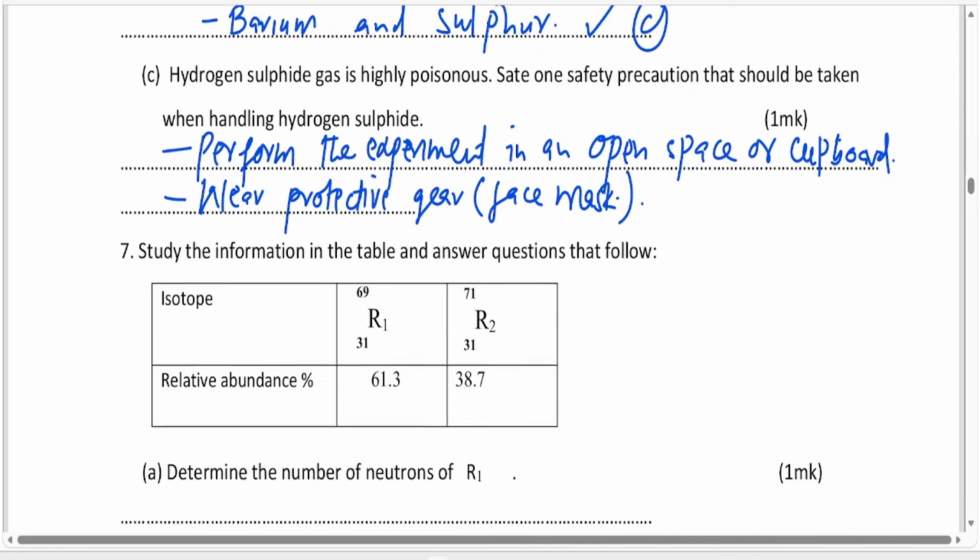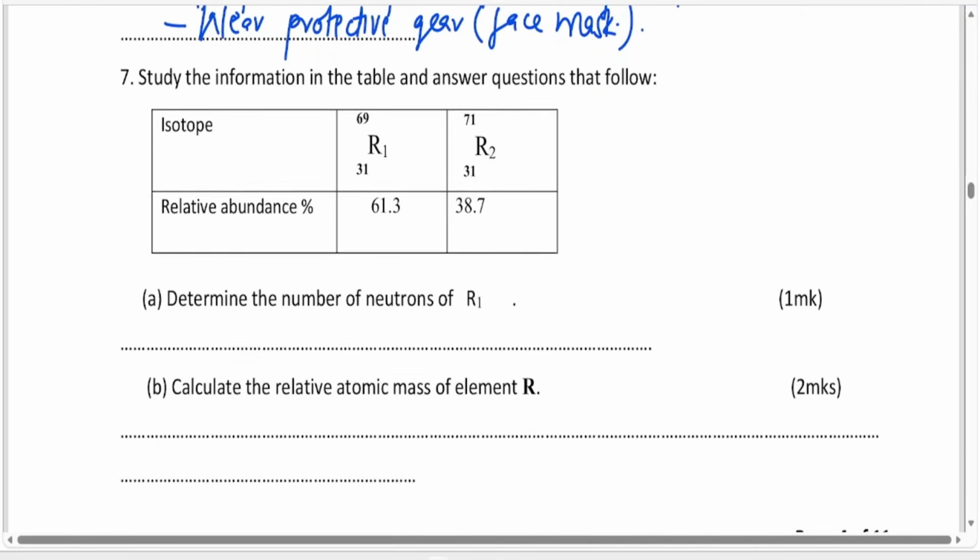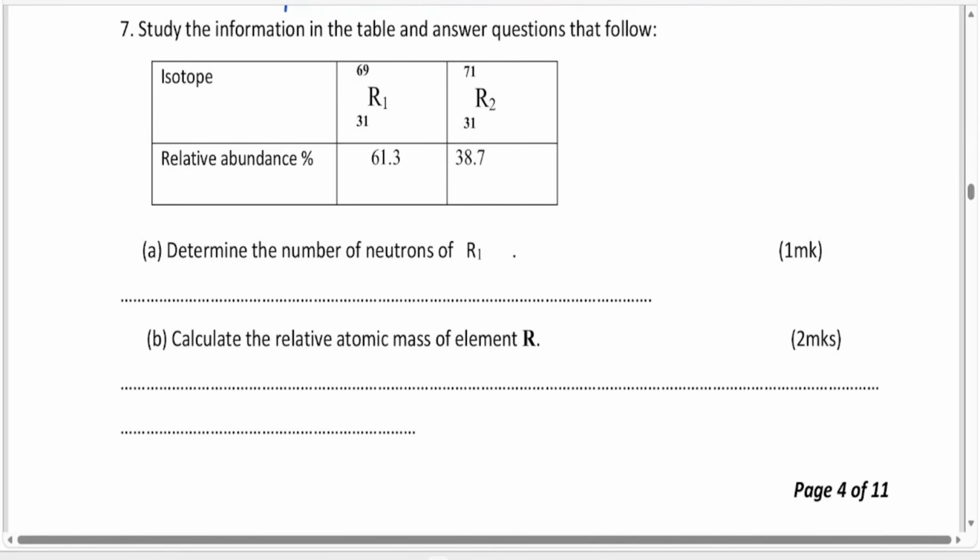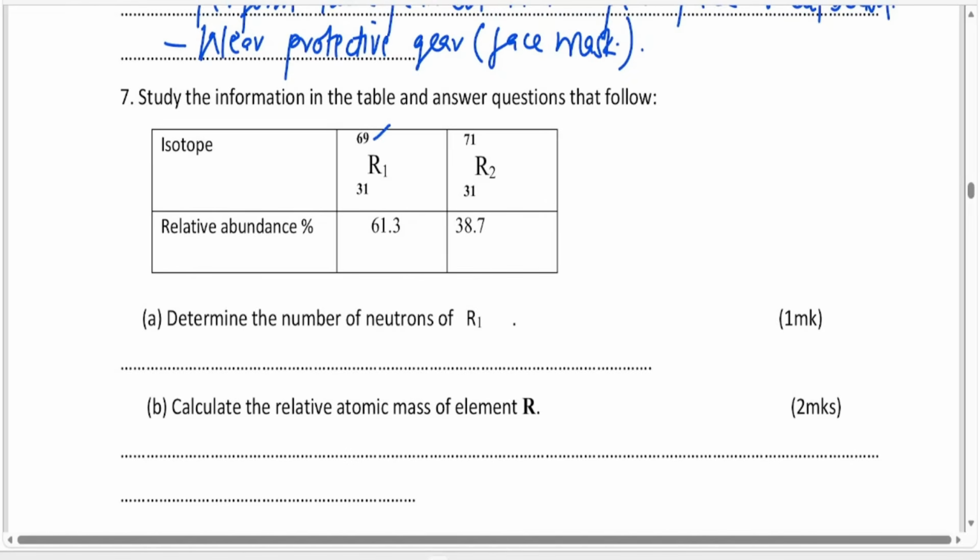Moving to question number 7. Study the information in the table and answer questions that follow. We have isotopes R1 and R2. The mass number of isotope R1 is 69 and the mass number of isotope R2 is 71.